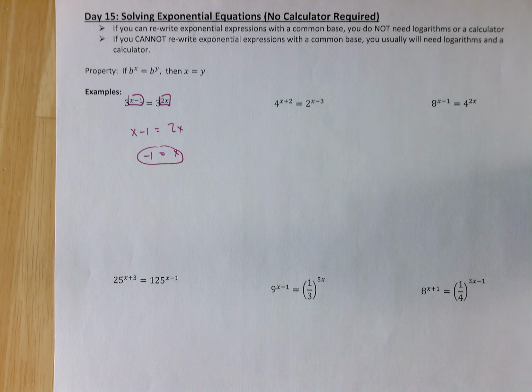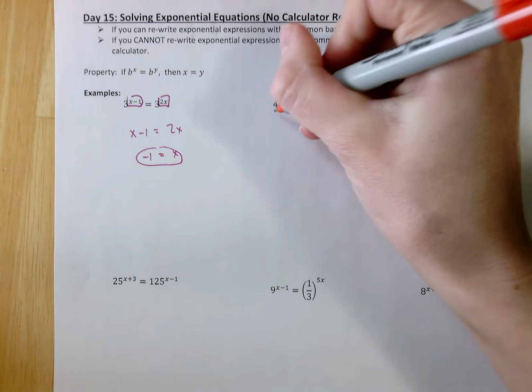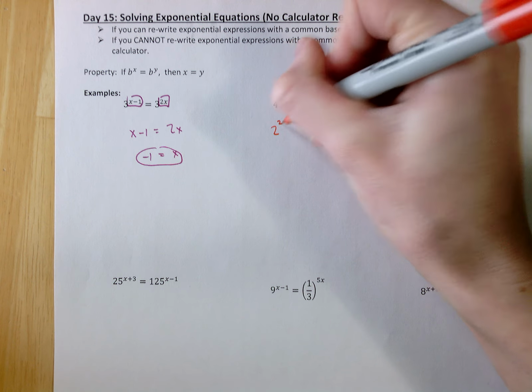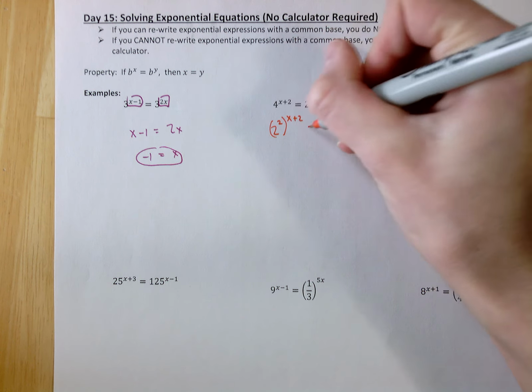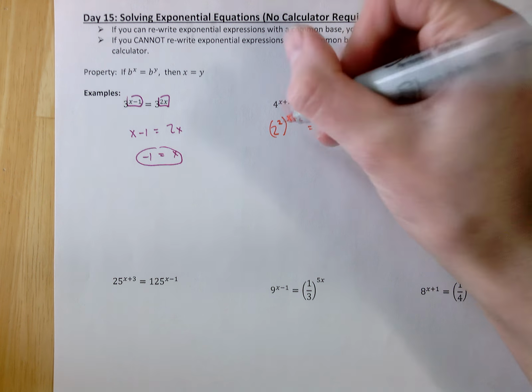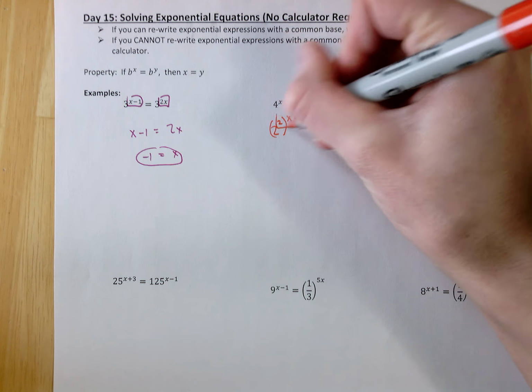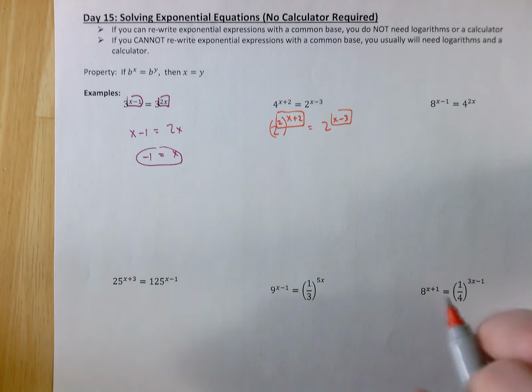All right, next guy here. So this one, we're going to start by rewriting these as powers of the same thing. So 4, I can rewrite as 2 squared to the x plus 2, right? So then what we're saying is that product property here, right, of exponents, or power to power property, excuse me, says that I can multiply those together, and that's going to have to equal to this.